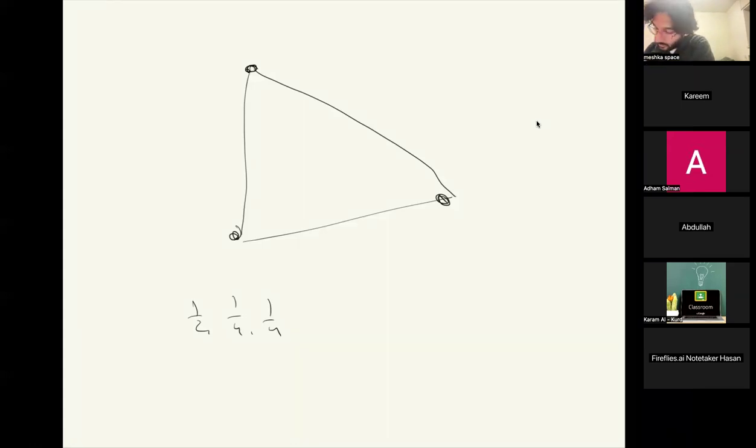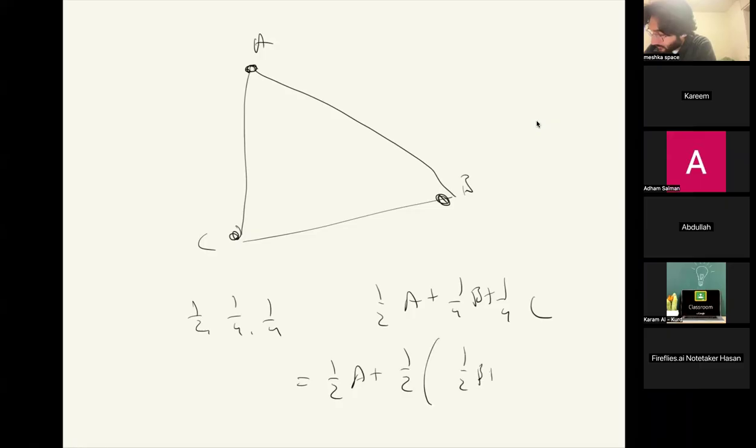Why is that? If I want 1/2 A plus 1/4 B plus 1/4 C, I can write it as 1/2 A plus 1/2 of (1/2 B plus 1/2 C). So this one lies between B and C, on the segment here. Then this one lies on the segment from here to here. Does that make sense?